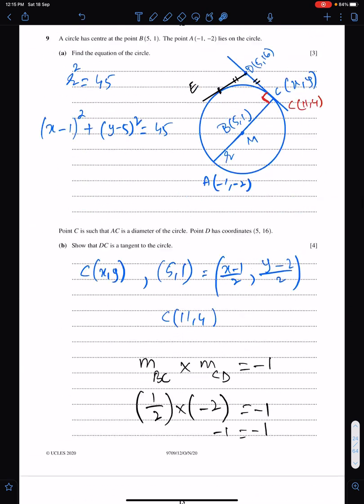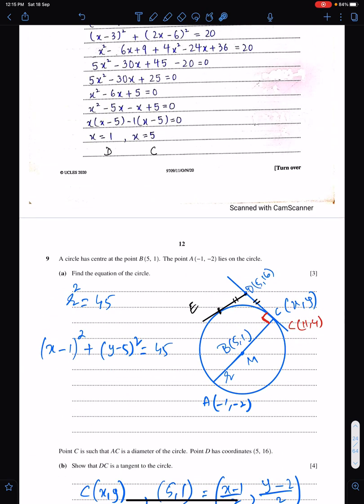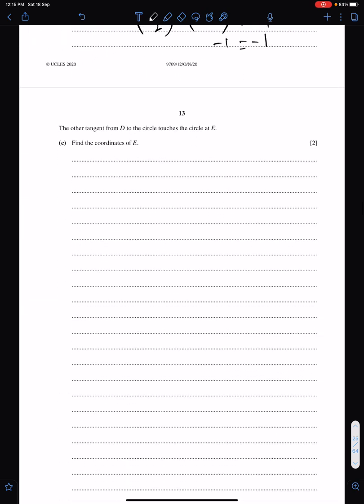We need the coordinates of E. For that we must have two equations. So we will form the first equation with this fact that DC is equal to DE, and the coordinates of E are x comma y. So first thing is DE is equal to DC. Why? Because tangents from external points are always equal.